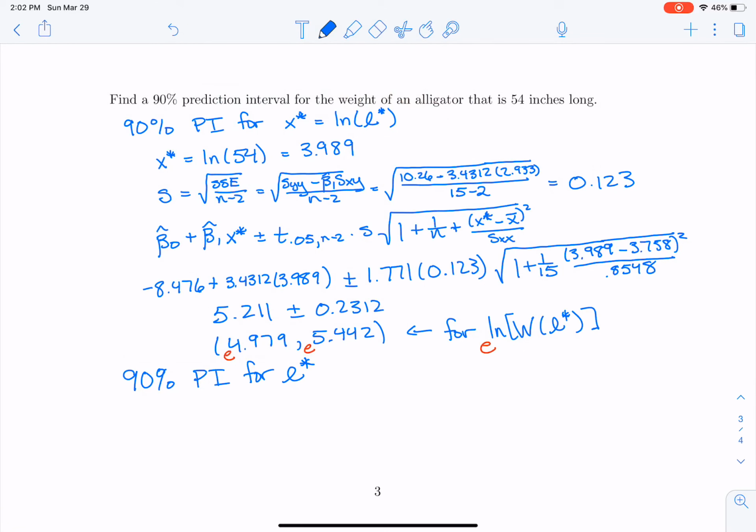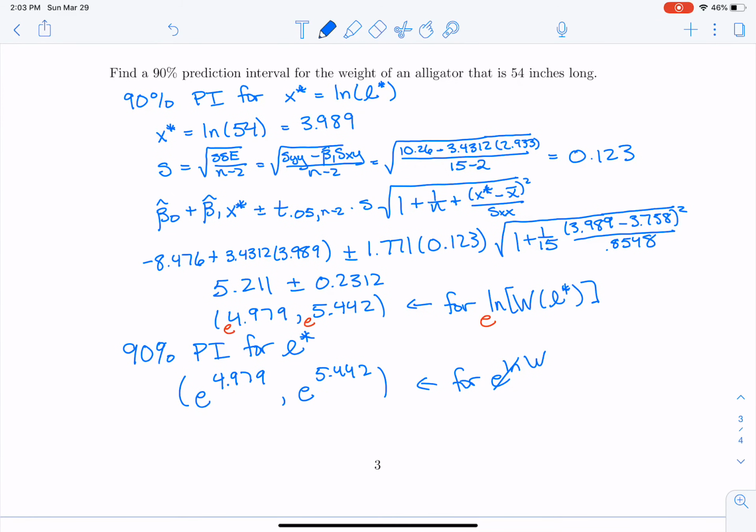I'm going to do E to the 4.979 to E to the 5.442, and that will now work for E to the natural log W, which of course we know is W. So our prediction interval, when we work this out, is 145.975 pounds to 230.856 pounds.